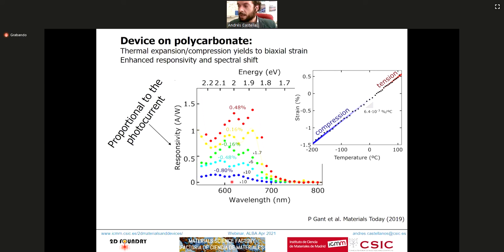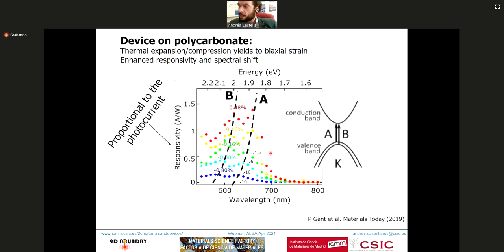And our photocurrent spectra has this shape here. Basically, we have two peaks, B and A, that correspond to the direct bandgap transitions of our molybdenum disulfide. So this photocurrent spectra gives us some information already about the band structure change upon strain.